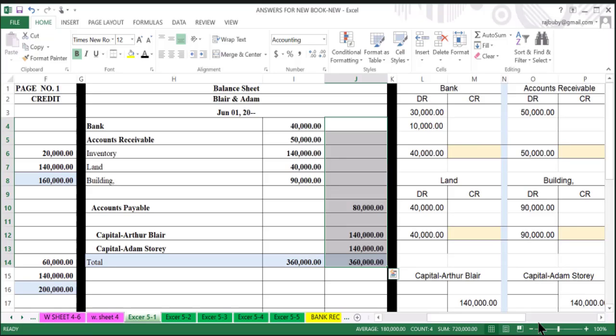January 4th, Peter Campbell invested 17,000 cash and a computer system worth 8,500. Okay, we should create firstly the journal.